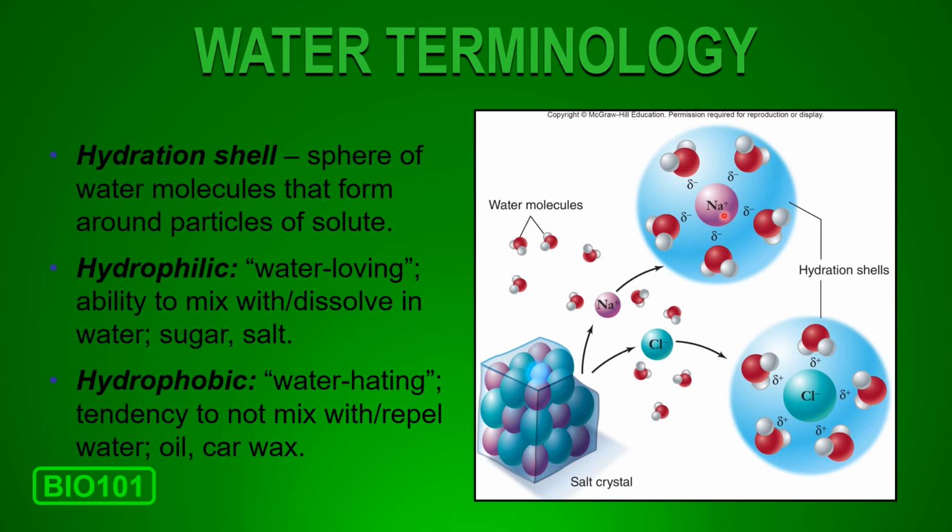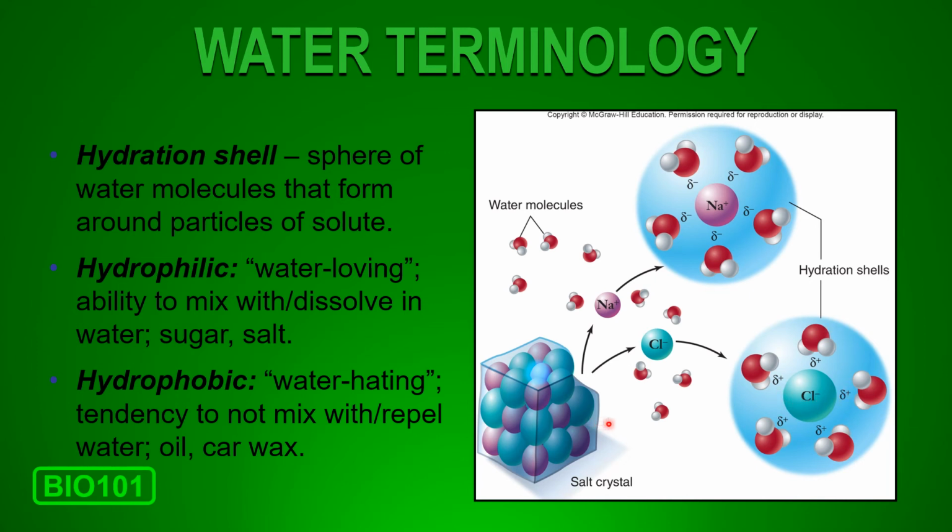Sodium being positive gets attracted to the negative oxygen pole of the water molecules. Chlorine, with its negative charge, remember, we have a chlorine ion here, an anion, negative charge, is attracted to the positive ends of these water molecules, the hydrogen ends of these water molecules, right?